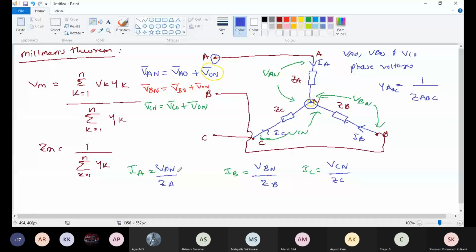We have ZA, whose reciprocal is the admittance. VAN is the phase voltage from supply point A to neutral N. Don't be confused: this arrow I can shift here also, there is no problem.